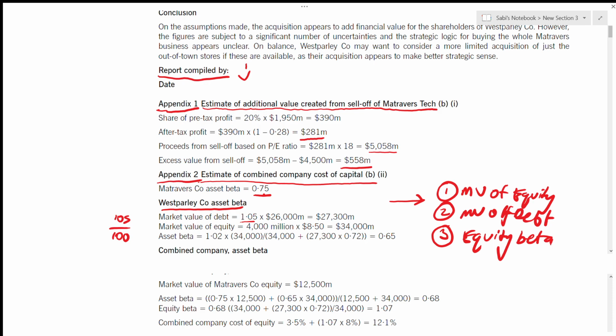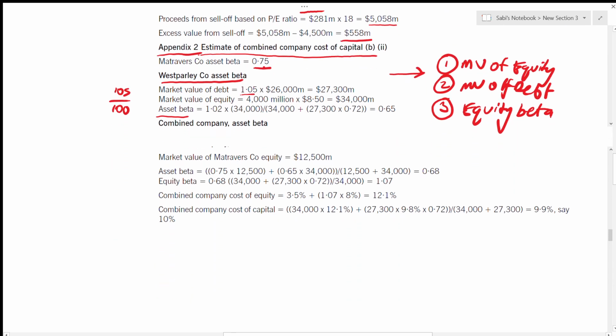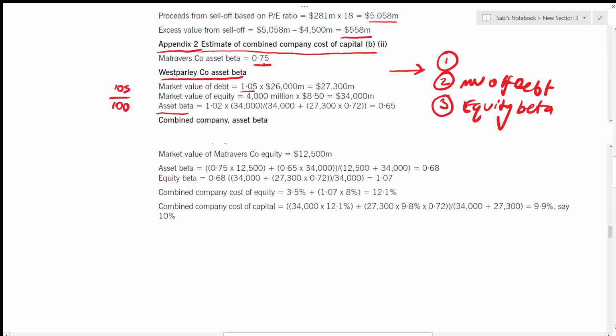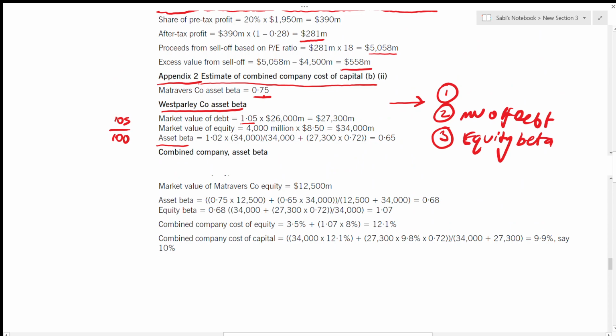Asset beta, right? So asset beta, what is the formula? Please write the formula somewhere, or you can check the formula sheet. I'm writing the formula here again.